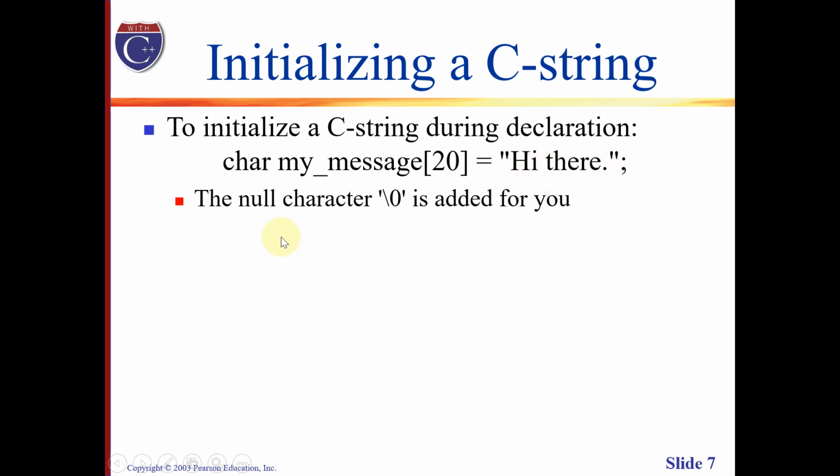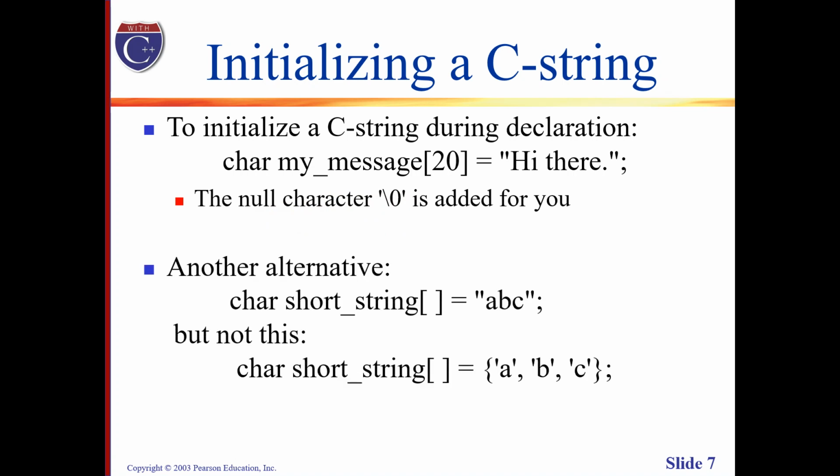And of course, the terminating character is automatically added after the last character of our string. Another alternative that we can do is, of course, to initialize our C string in the following way. However, we can do that using this one.